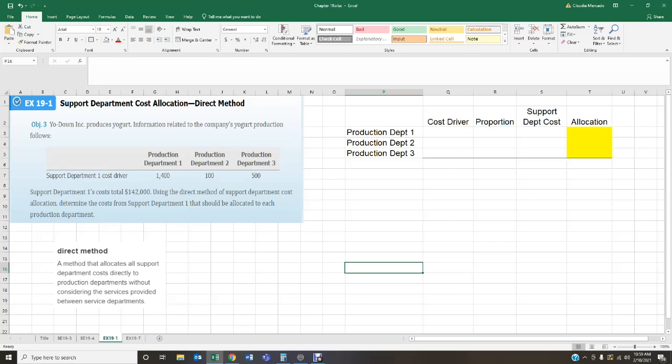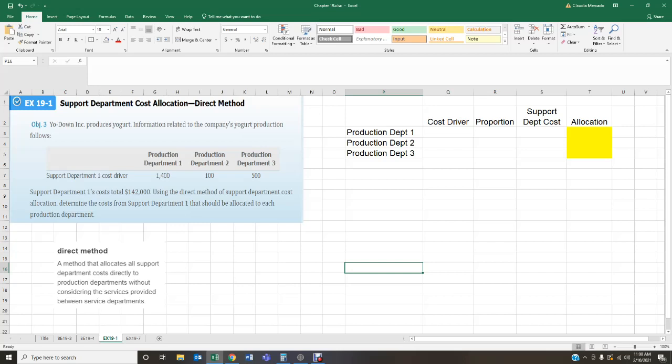So we've got the support department 1 cost driver, and then we've got production department 1, production department 2, and production department 3. And the cost driver is $1,400 for department 1, $100 for department 2, and $500 for department 3. So from here we can easily see that the department that gets the majority of the benefit from the support department is department 1.